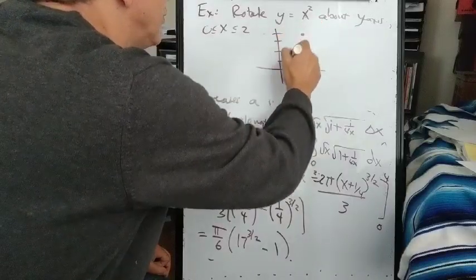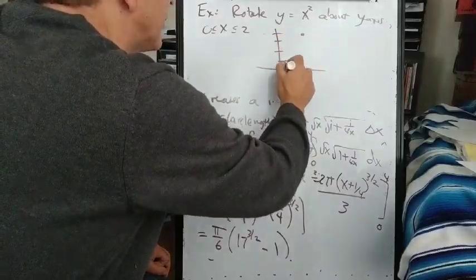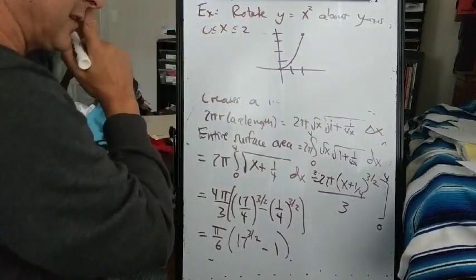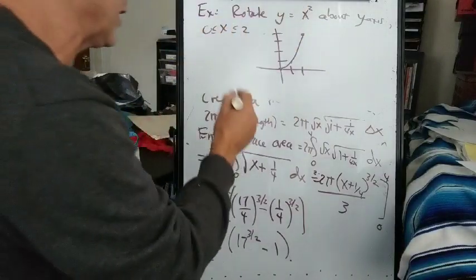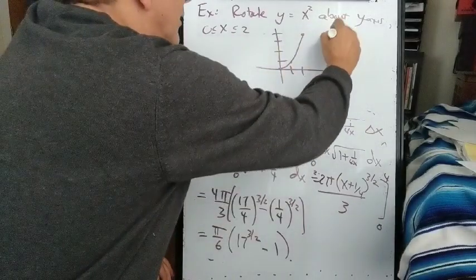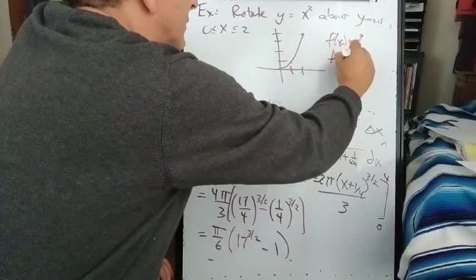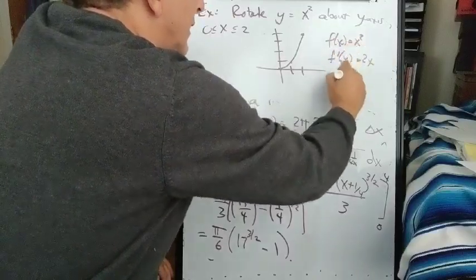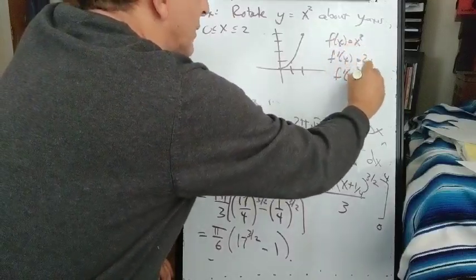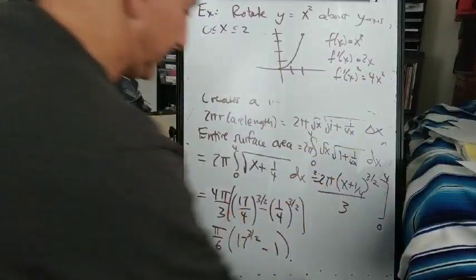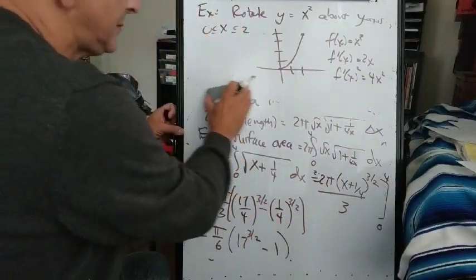So this goes through (2, 4), (1, 1), (0, 0). So this is the same arc, well, a different arc, but going around the y-axis, so we'll get the same surface that we got before. f of x is x squared, f prime of x is 2x, f prime of x squared is 4x squared.